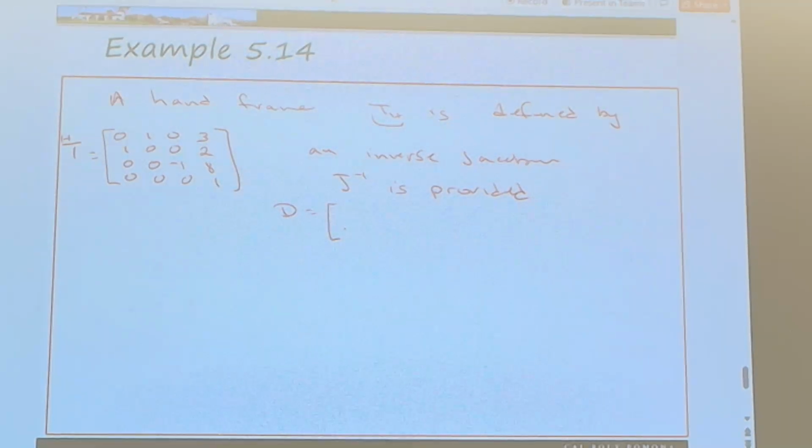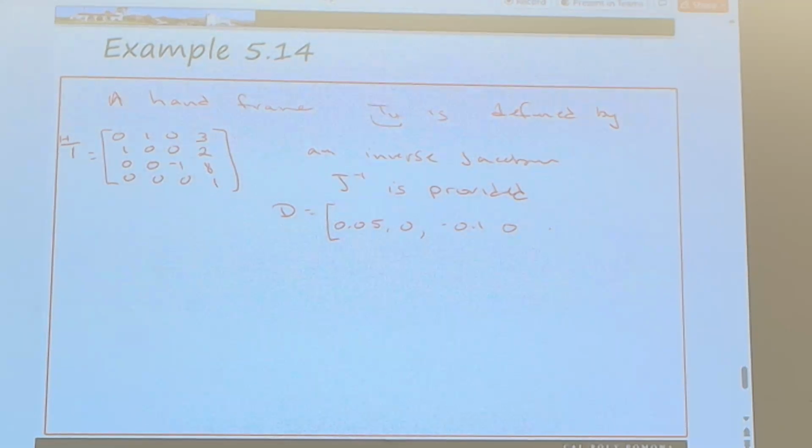It's going to be moving in the x by 0.05, in the y by none, and in the z by minus 0.1, about x by 0, about y by 0.1, and about z by 0.03.